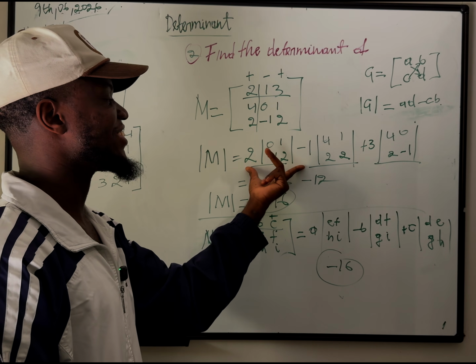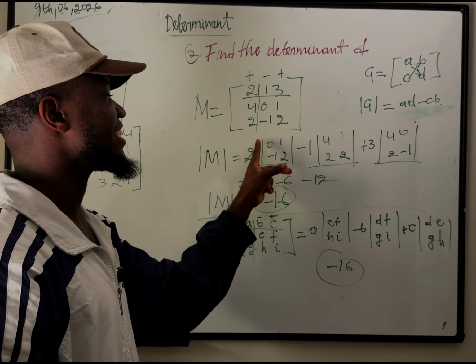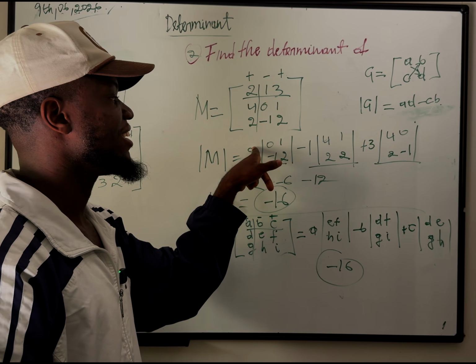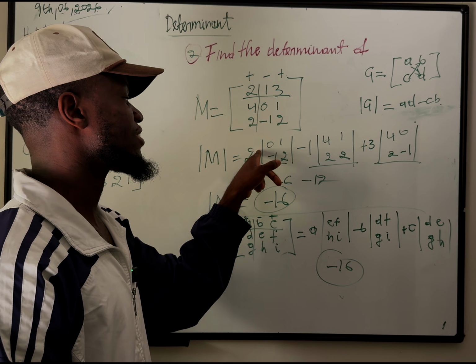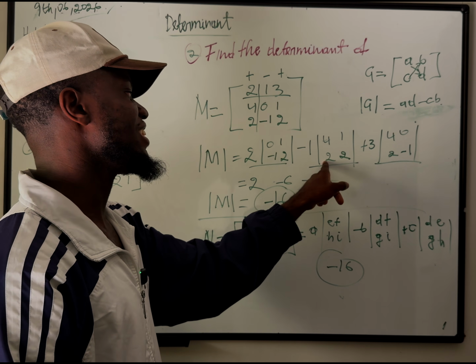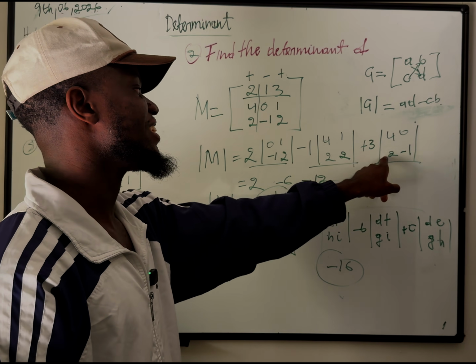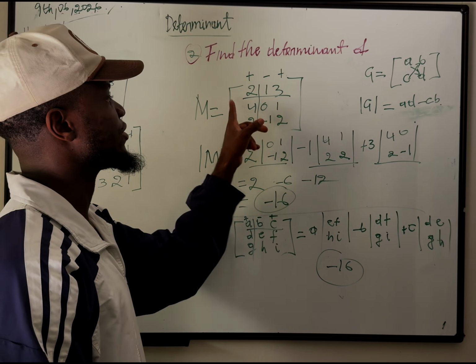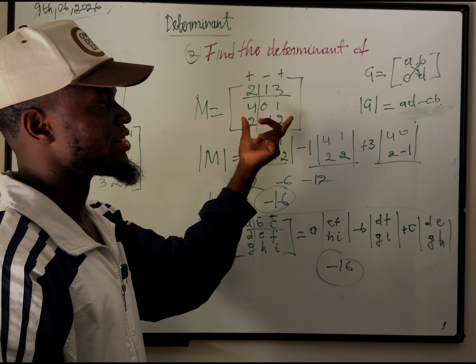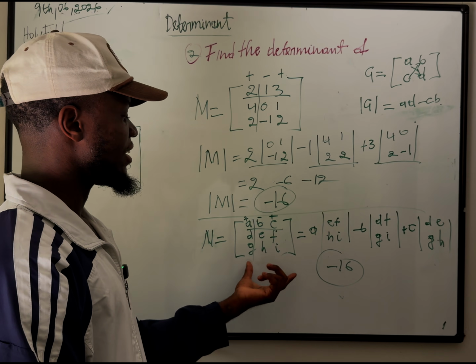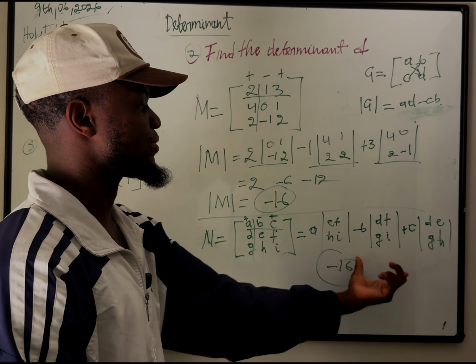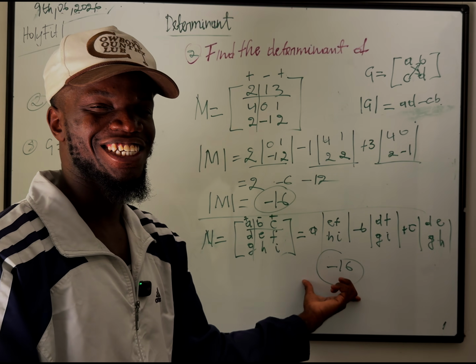This is what we get when you apply the cofactors, and you just have to get the 2 by 2 and multiply it by this cofactor, and this by this, and this by this, and then you'll finally get the same result for this kind of 3 by 3 matrix with the exact same elements. And if you use the formula, because this is the interpretation of the formula, we'll still get the same answer.